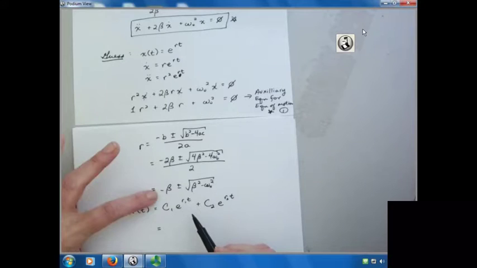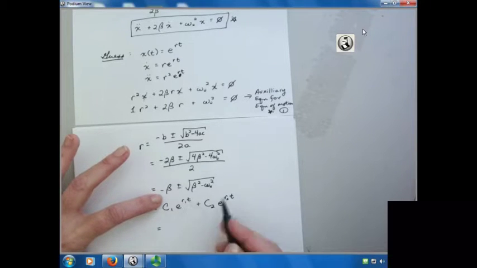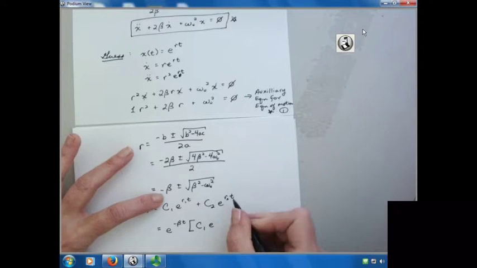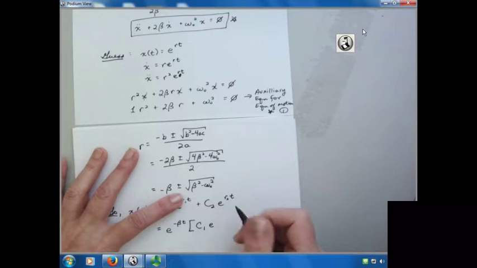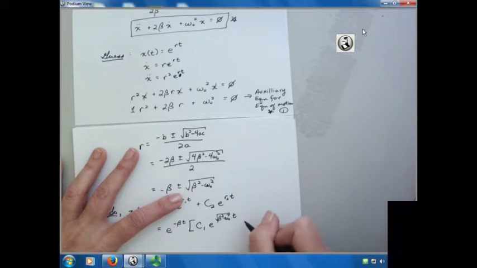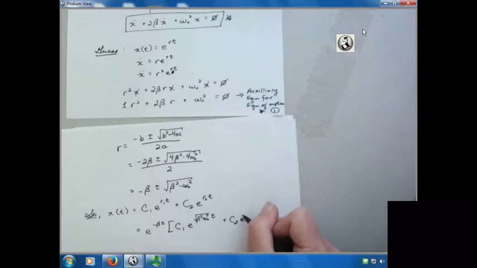I'll have e to the minus beta, so I can pull that out front. E to the minus beta t is going to be for both of them, times C1 e to the square root of beta squared minus omega naught squared times t, plus C2 e to the minus square root of beta squared minus omega naught squared times t.